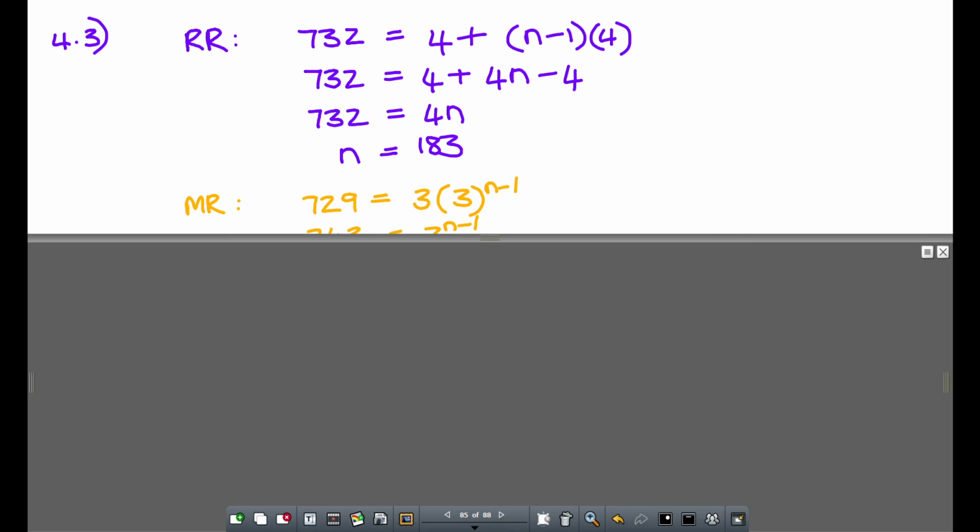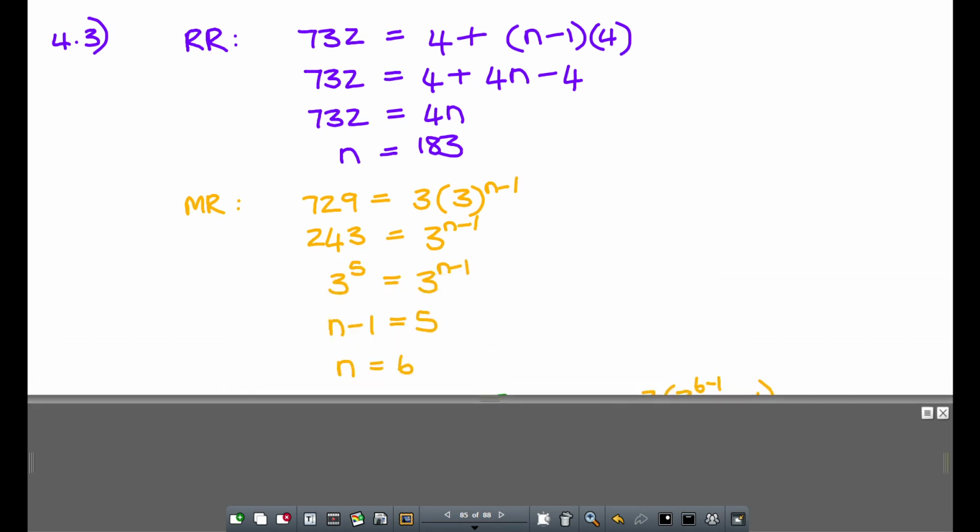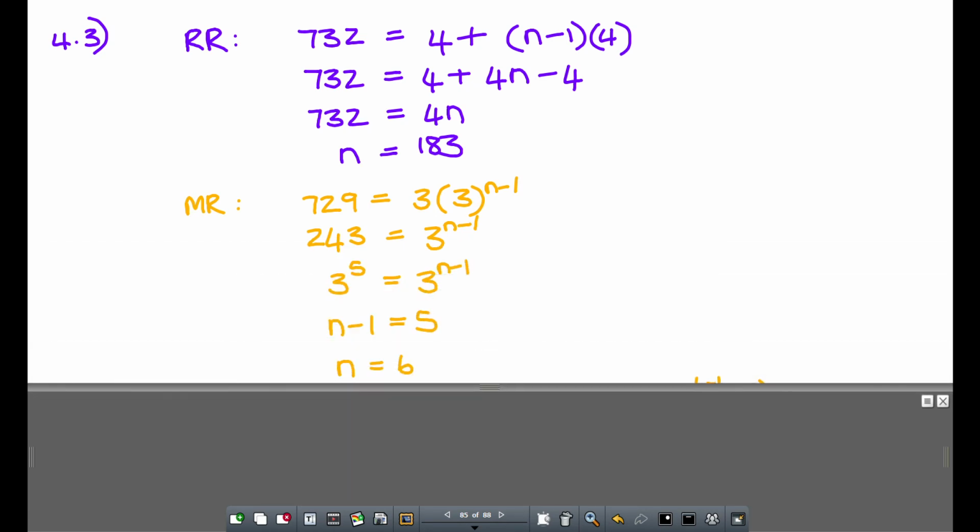But before we can do that, I first have to work out how many terms would there be in each. So as ek gaan kyk na my rekenkundige ry, I make that very last term, the arithmetic sequence, I make the very last term, 732, equal to my term n, the nth term formula. Okay, now how we haven't worked that out.